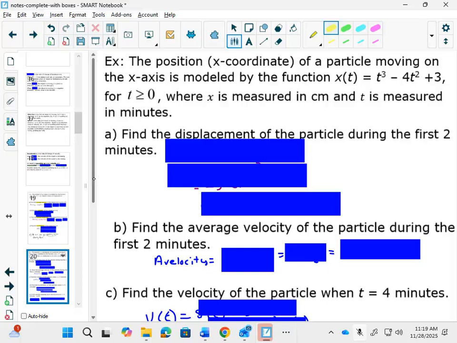All right, here's one of the questions where they tell you there's an x coordinate moving on the x-axis, having a lot of fun. And it's modeled by that cubic equation. During the first 2 minutes, what is the displacement?